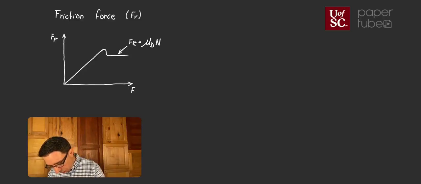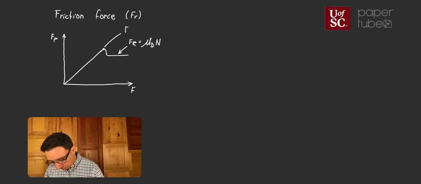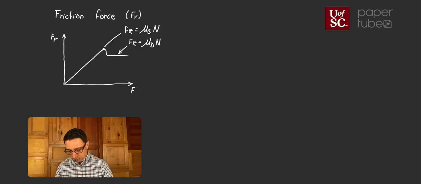At this particular point, it doesn't mean the whole curve, I'm going to find that my friction force is going to be my static coefficient of friction times my normal force.